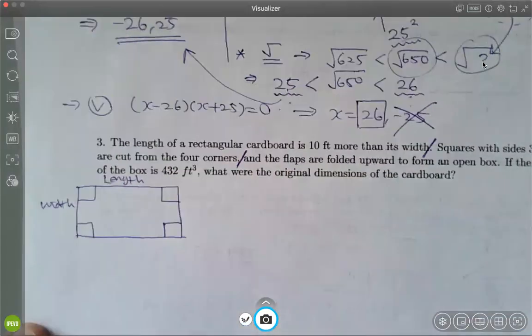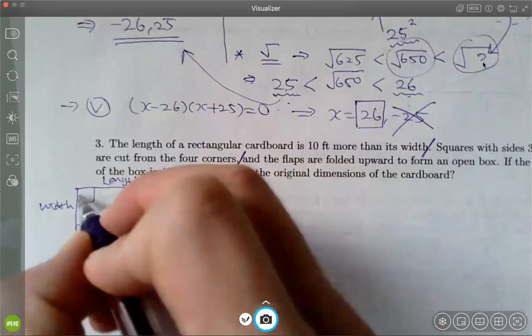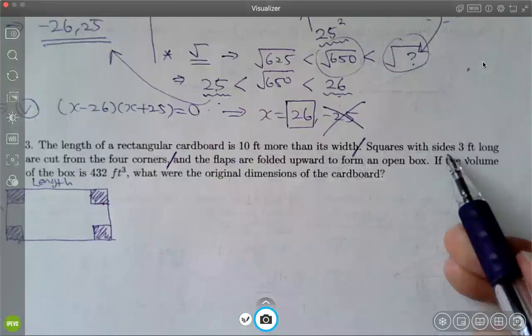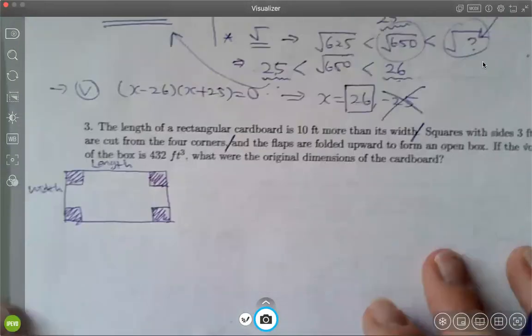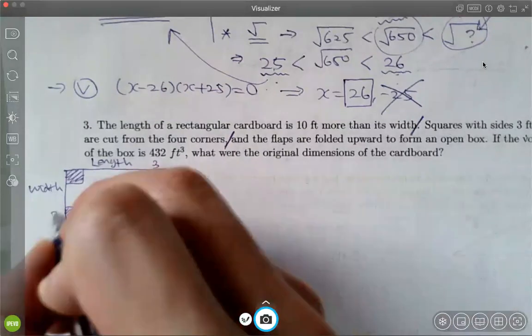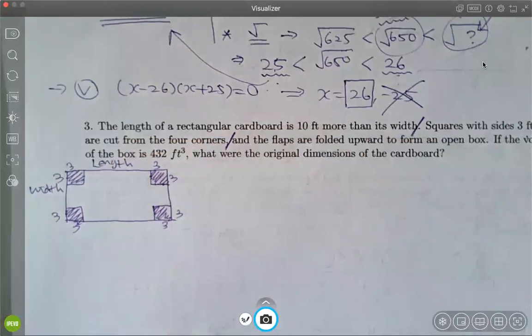So that has been chopped off, these 4, and the side length is equal to 3. That's 3, 3, 3, 3, 3, 3, 3, 3, and these 4 squares are cut off.